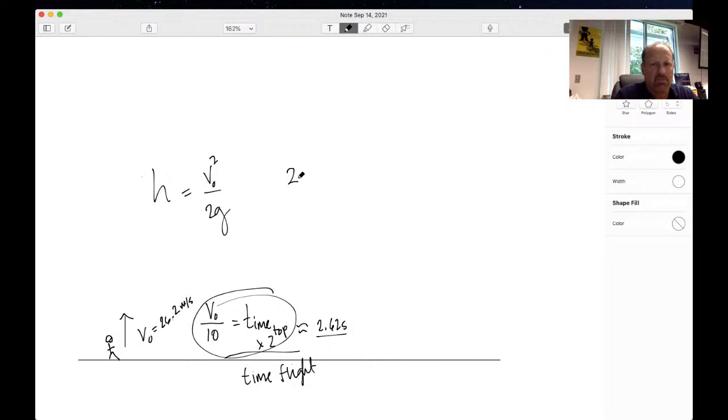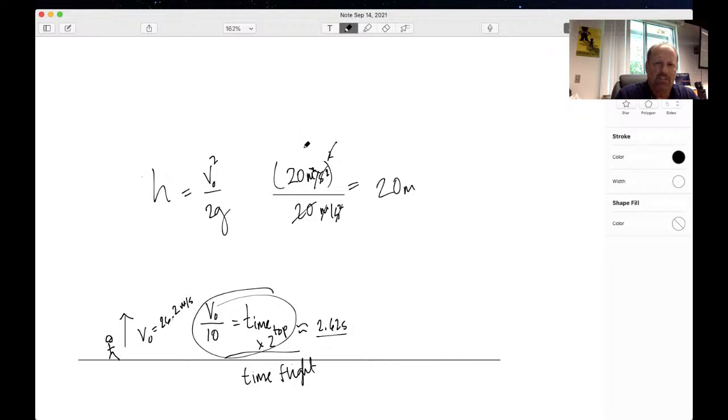If it's 20 meters per second, that quantity is squared, divided by 2g, which is 20. So 20 squared divided by 20, this one cancels with that, so it's 20 meters, because this is meters squared per second squared, and this is meters per second squared. Meters per second squared cancels, so we're left with 20 meters.